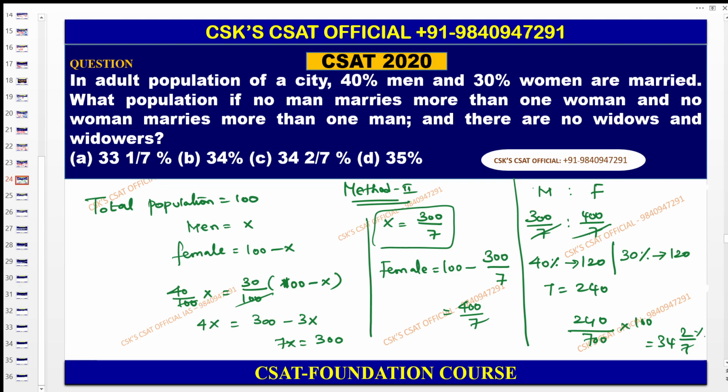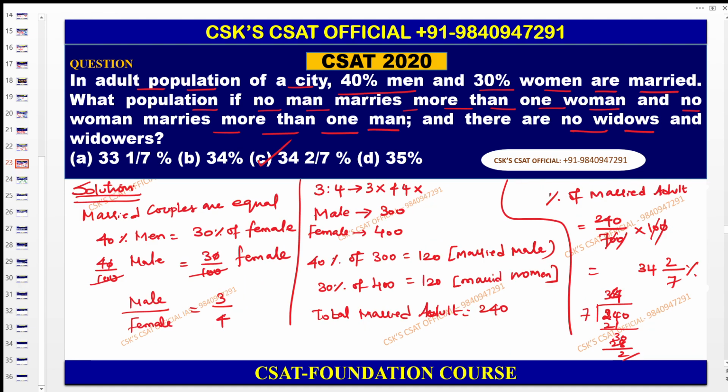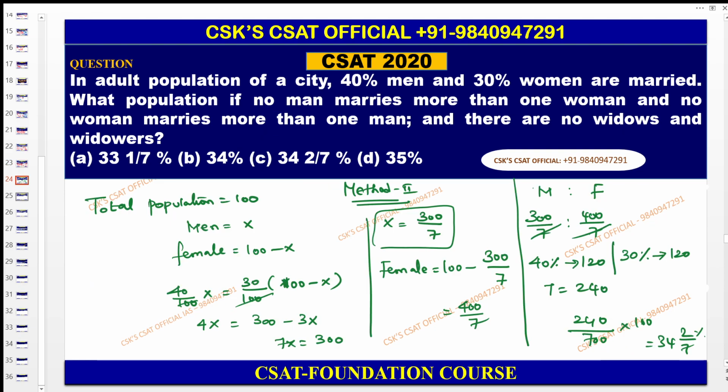Out of that, 40% of the men are married. So 120 is 40% of 300, right? That is why I put a line here. One is related to the 40% of male, another one is female. Okay, sir. I understood the first method, sir. Okay, sir. Next one.